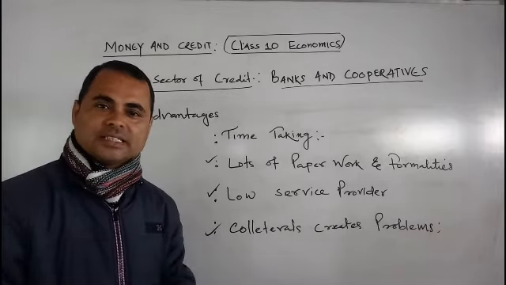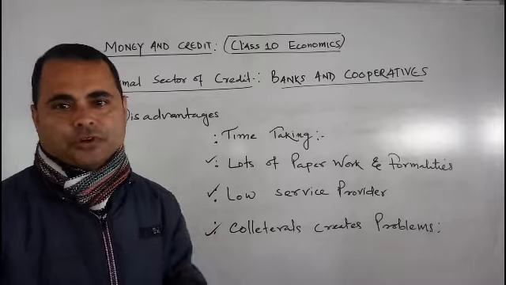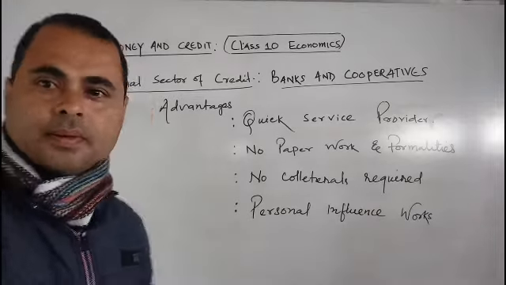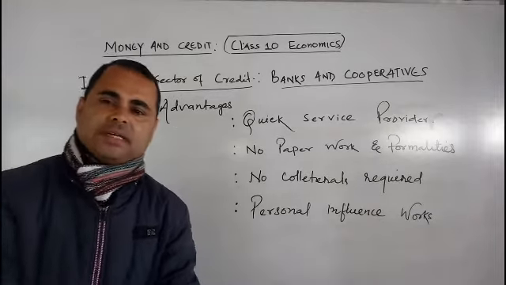Now, if these are the advantages and disadvantages of formal sources of credit, then let us see what are the advantages and disadvantages of informal sources of credit. Let us first see some of the advantages.